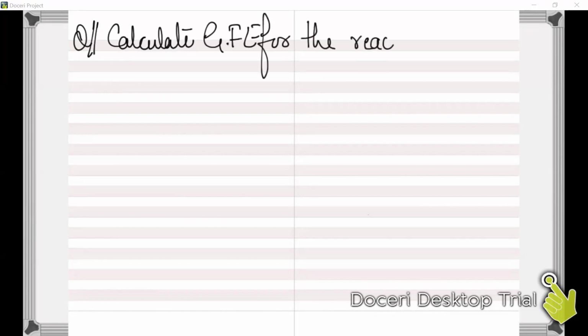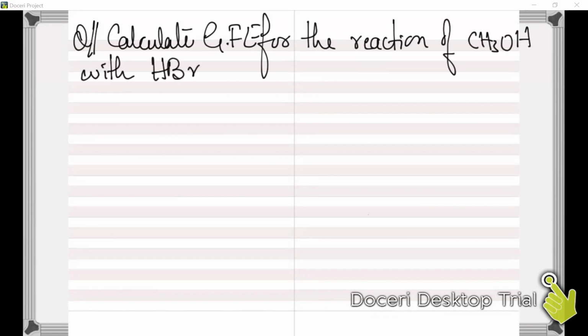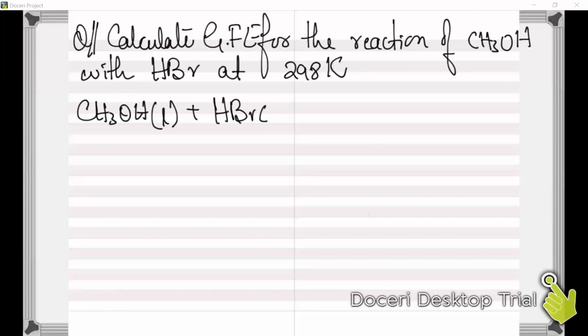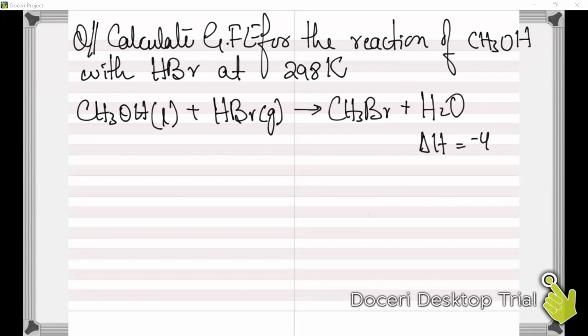So let's suppose the question is: calculate the Gibbs free energy for the reaction of methanol with hydrogen bromide at 298 Kelvin. Delta H for this is minus 47 kilojoule per mole.